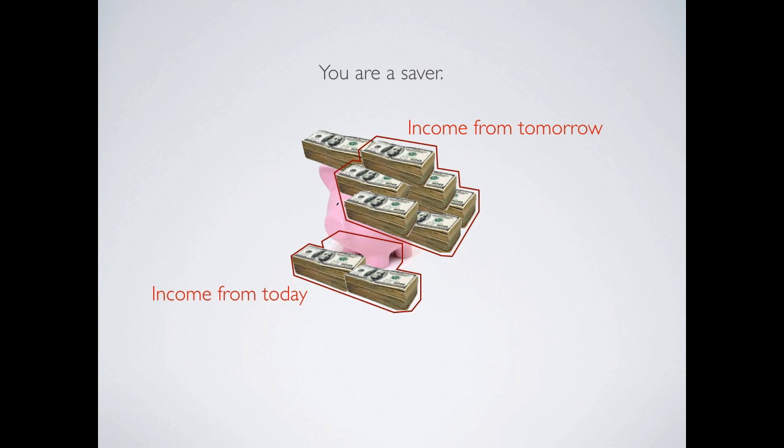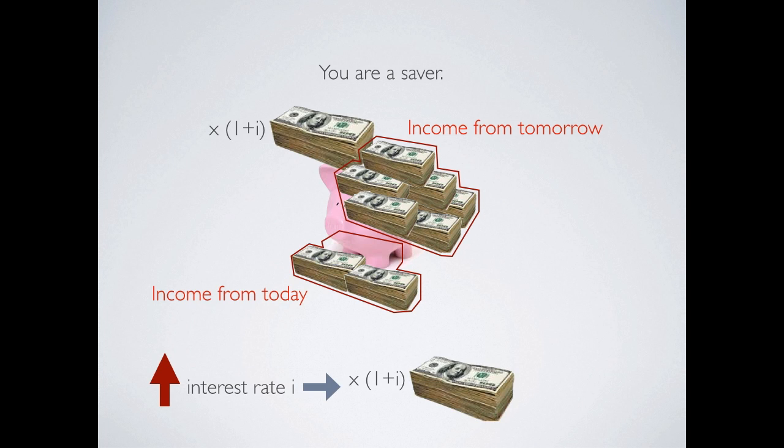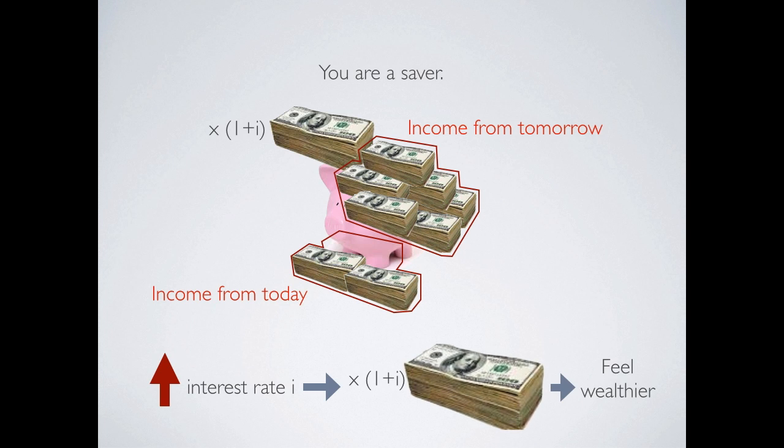However, any cash you move to tomorrow will be inflated by 1 plus i. Therefore, when the interest rate increases, this inflating factor will make your money even bigger. Therefore, you will feel wealthier.